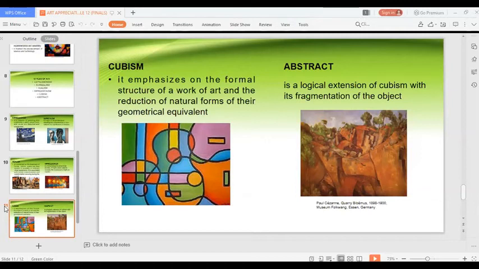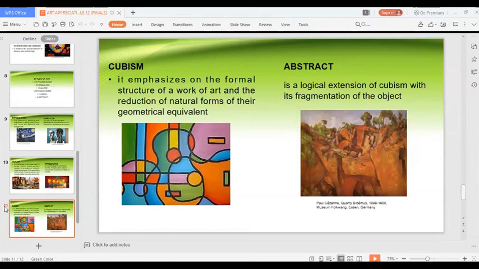Another one is the abstract style of art, which is a logical extension of cubism with its fragmentation of the object. So the goal in this style of art is to change the perception of reality.